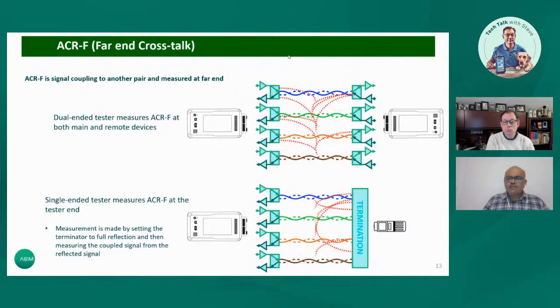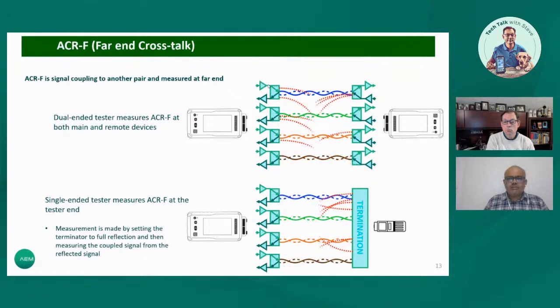Here also, as you can see, it uses the reflection mode of the terminator for NSA to get a complete picture of ACRF. Right?